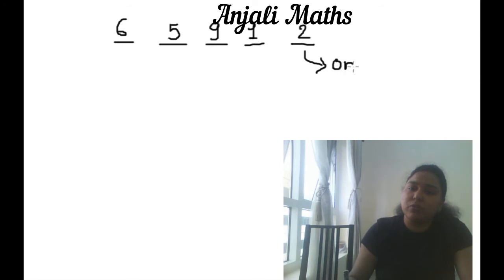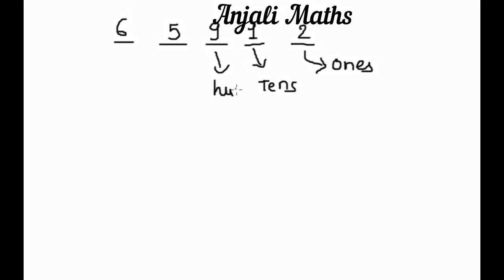We know this is ones, tens, 100, 1000, and this is 10,000. Now, how will we write it? We will write it in a similar way.